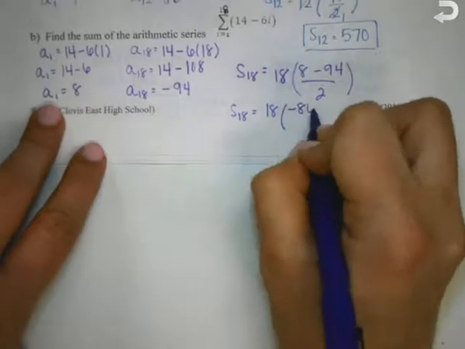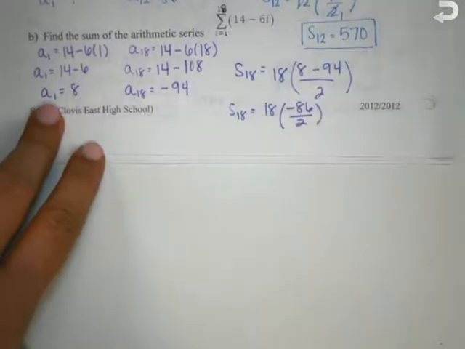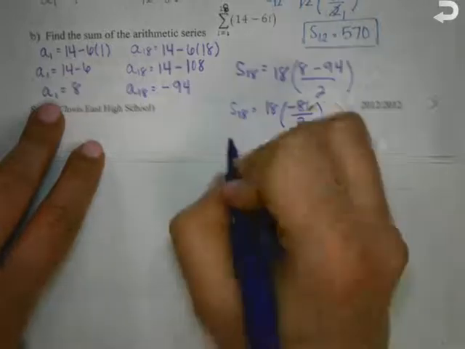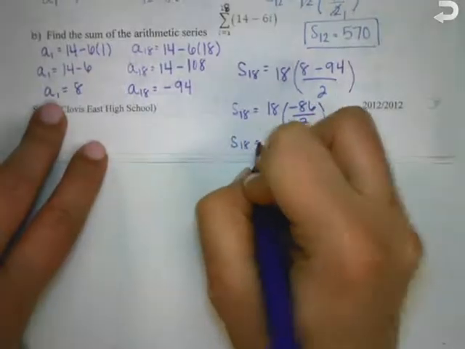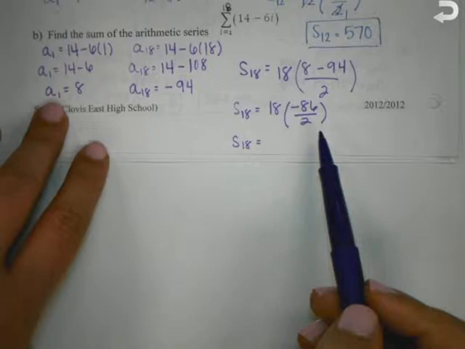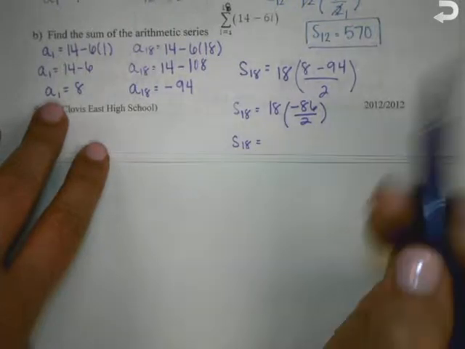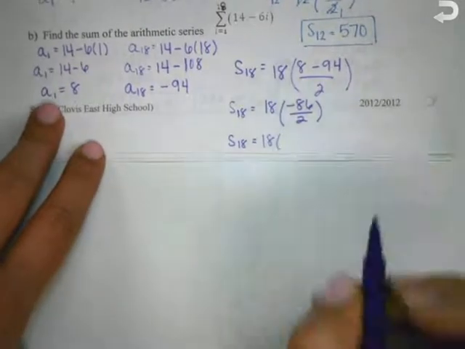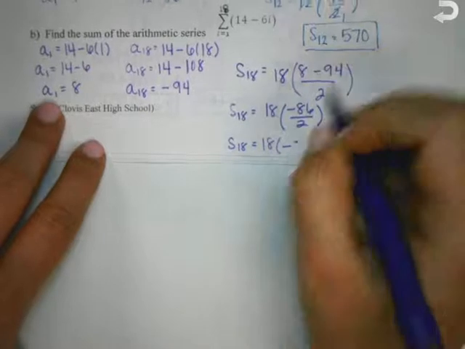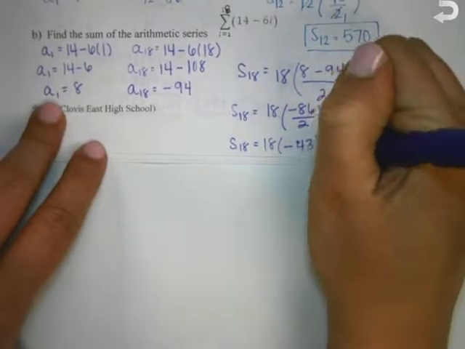So you have two options here. You can divide this by 2 or you can reduce this way. I'm going to do 18 times negative 43. So S sub 18 is equal to negative 774. Is that what you guys got?